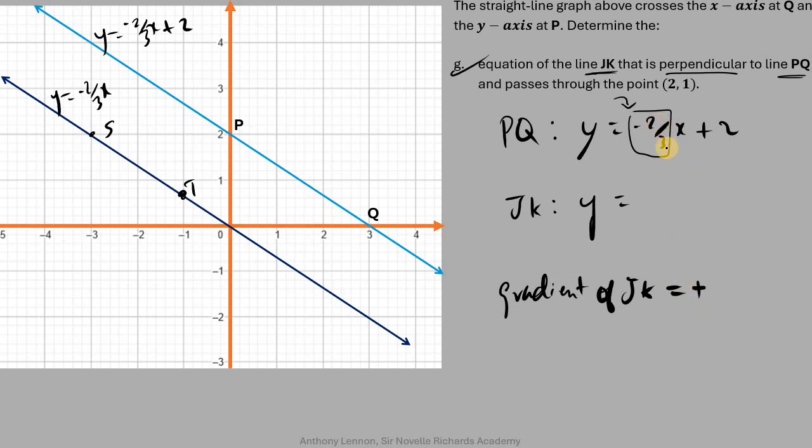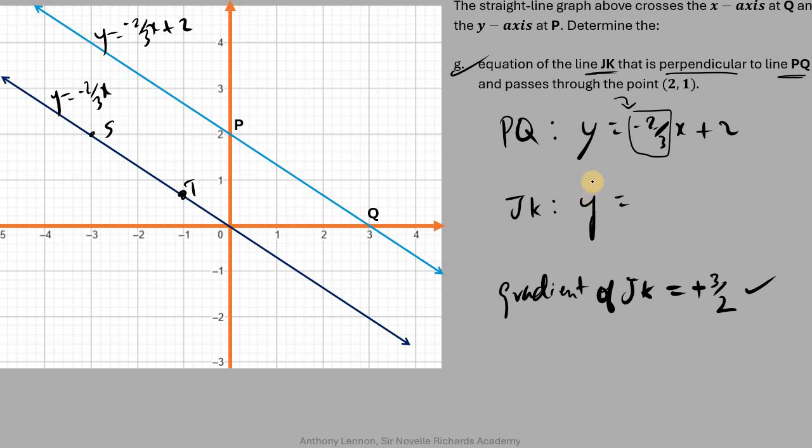And since one is 2/3, then the other one would be 3/2. That's what we mean by reciprocal. We flip the 2/3 and get 3/2. So 2/3 flipped, the 3 goes on top, the 2 goes at the bottom. So that would be 3/2. So this will be the gradient of JK.